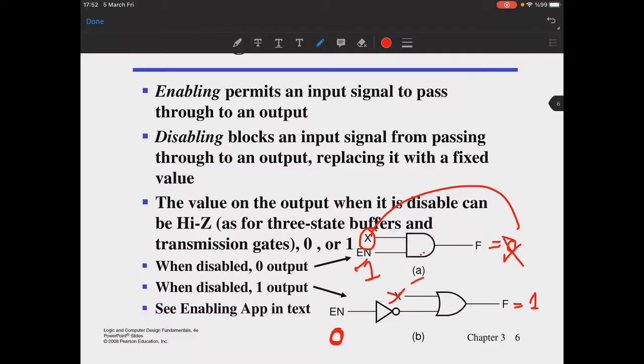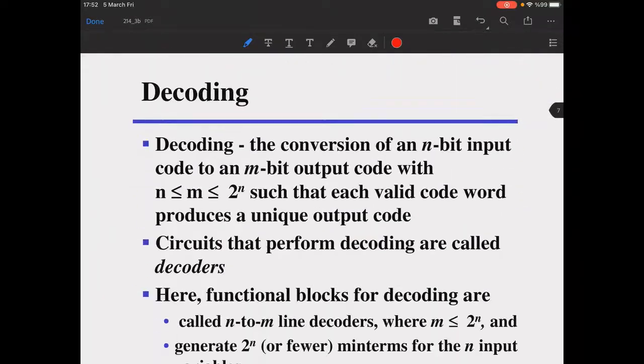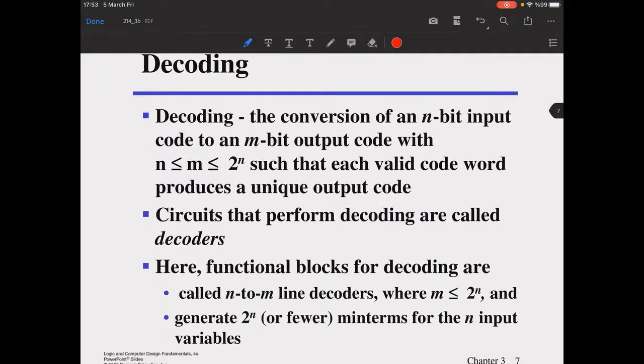No matter what you put here, you don't care, because the output will be locked and fixed. And when you send here, for example, 1 signal, this would be 0 and your output would be strictly dependent on the X signal, and it means that now it is enabled. Okay, that's the idea with the enabling functions. That's the basic idea, and we will use them again and again.